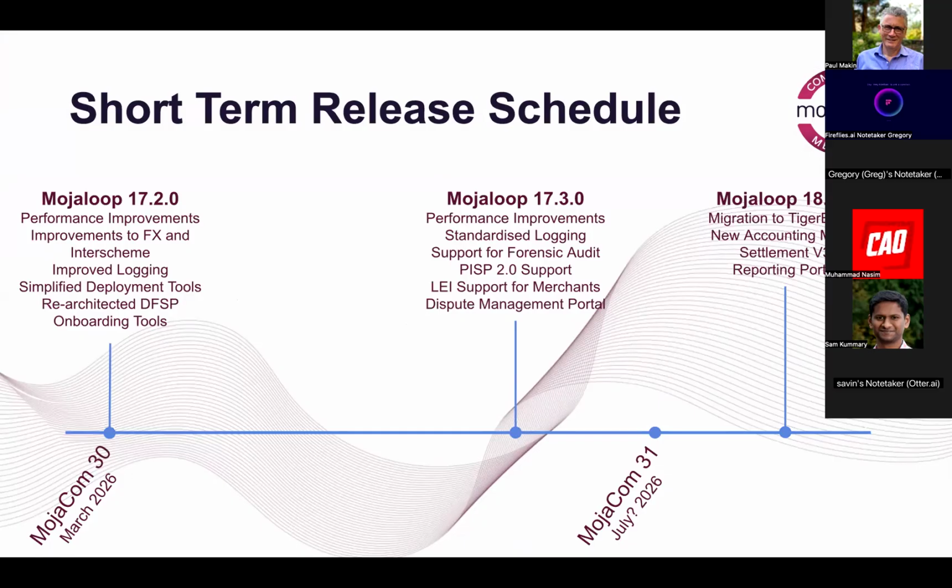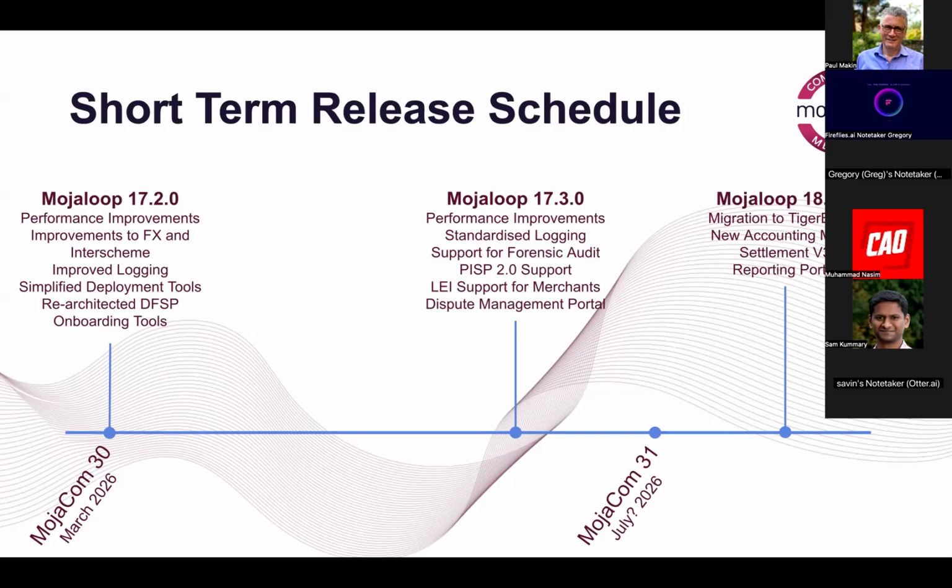And we're hoping that standardized logging and support for forensic audit will be in there, along with PISP support, and hopefully we'll have the adopted dispute management portal there, and maybe early support for merchants will be included.